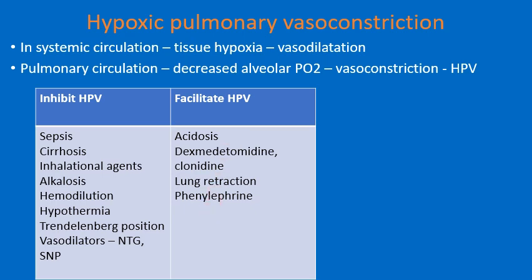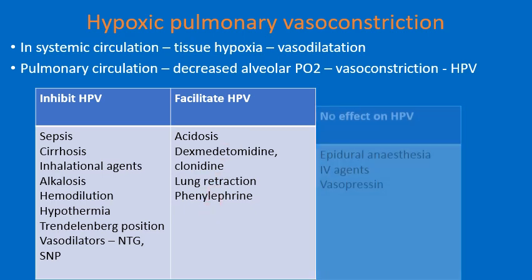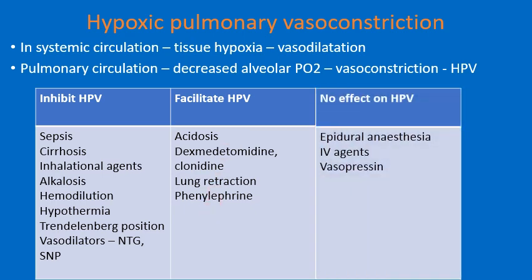Phenylephrine also facilitates HPV. Factors with no effect on HPV: epidural anesthesia has no effect, and intravenous agents like fentanyl and propofol have very minimal effect on HPV. Vasopressin is one drug which has an effect only on systemic vasculature; it has no effect on the pulmonary vasculature.